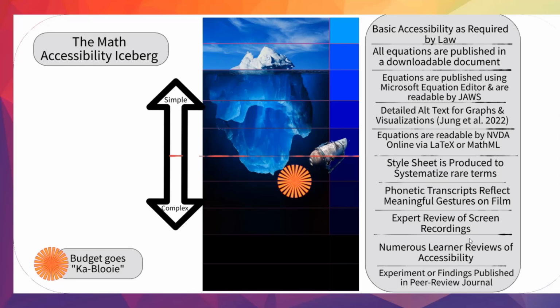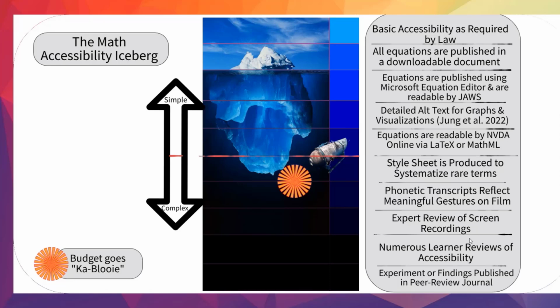If you have been sufficiently convinced that you can do alt text, that it's not that scary, and you believe it's important, we start filling this gap of knowledge, this invisible ink, then you might produce detailed alt text for all your graphs and visualizations according to the lovely standard set by Jung et al.